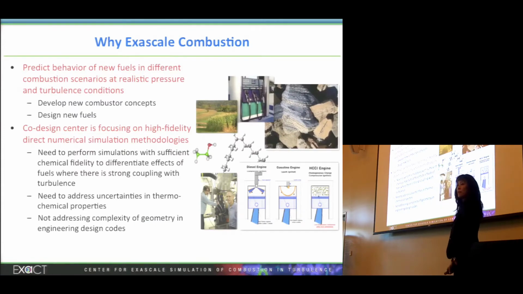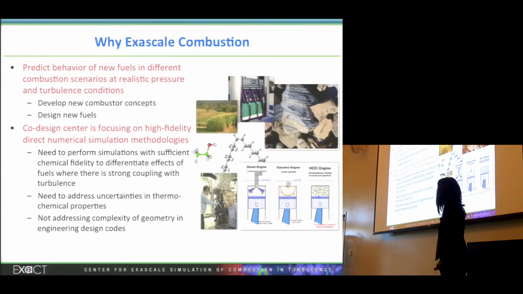So let me give you a little bit of motivation for why we have this center and why Exascale for combustion. In the combustion area, we're trying to predict the behavior of evolving new fuel streams in different combustion scenarios, especially working with fuel-efficient new advanced engine concepts for transportation as well as gas turbines for power generation.